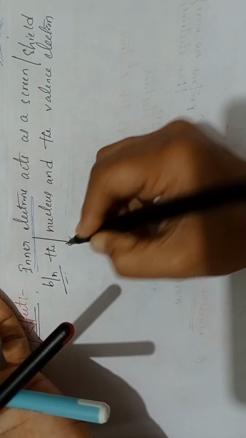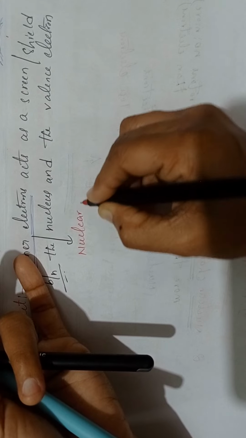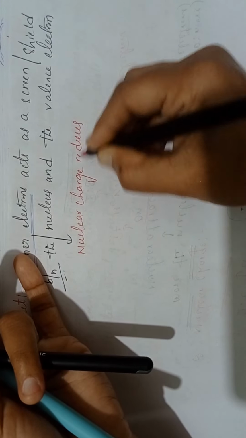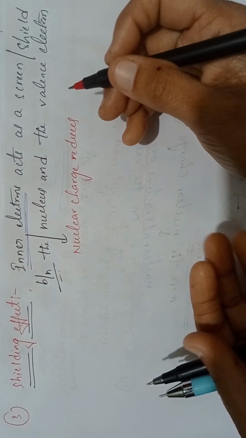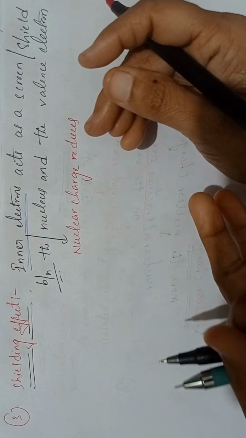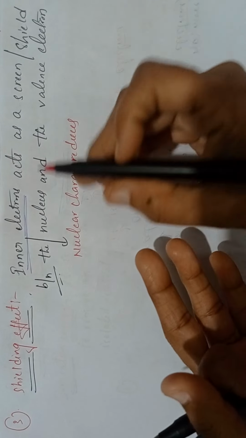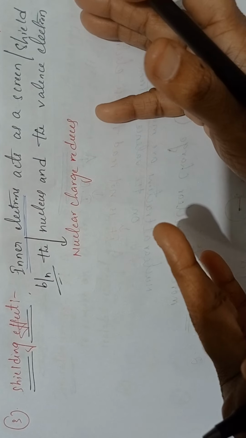Now because of these inner electrons, what will happen, students? Nuclear charge reduces. So that's why, what is happening, students? What about the ionization energy? Nuclear charge reduces. That means inner electrons act as a screen between the nucleus and the valence electron.